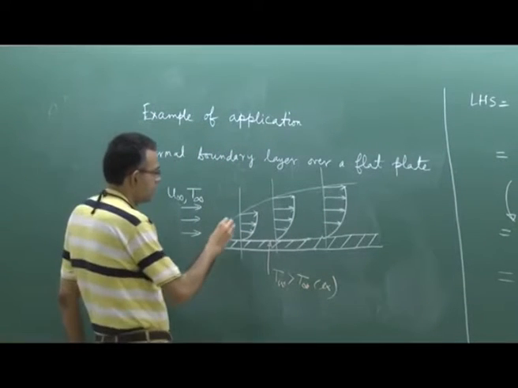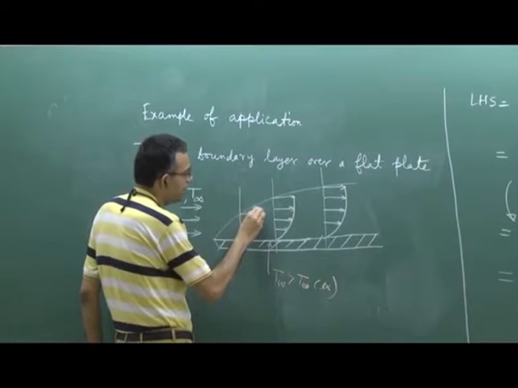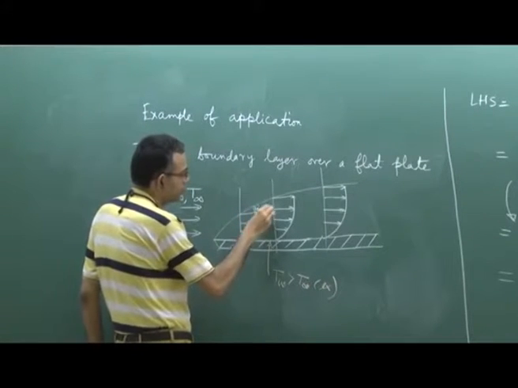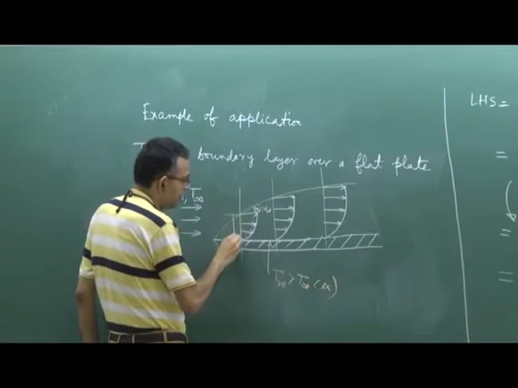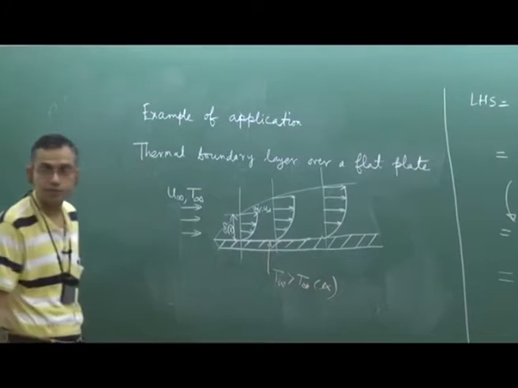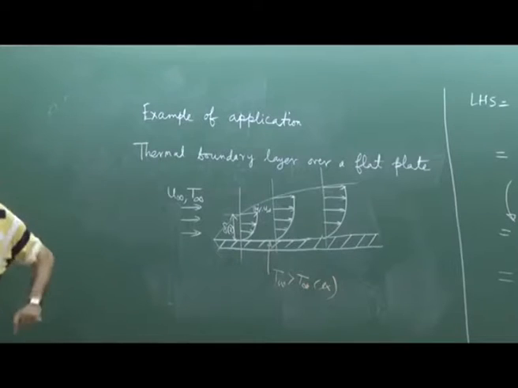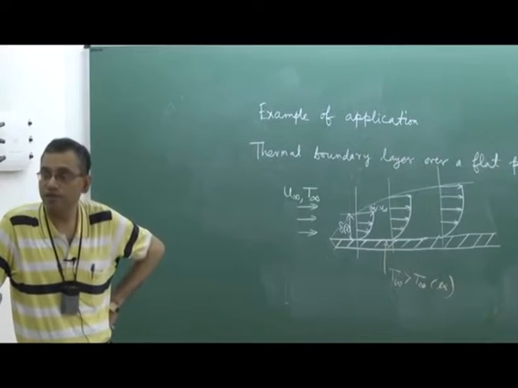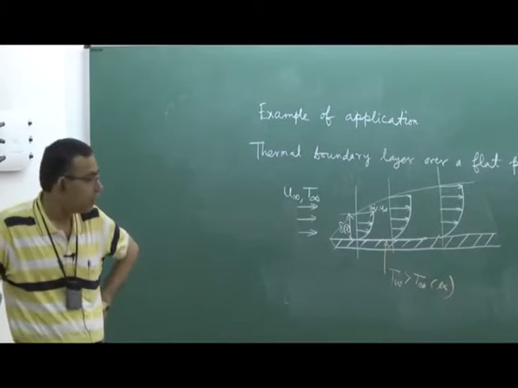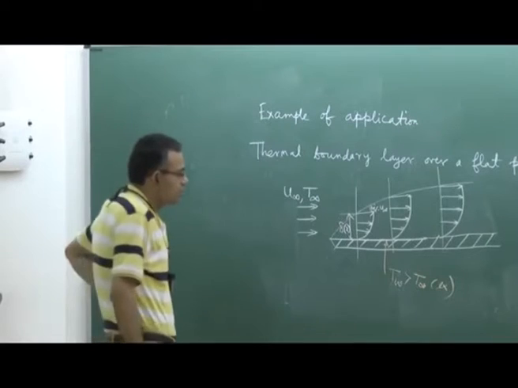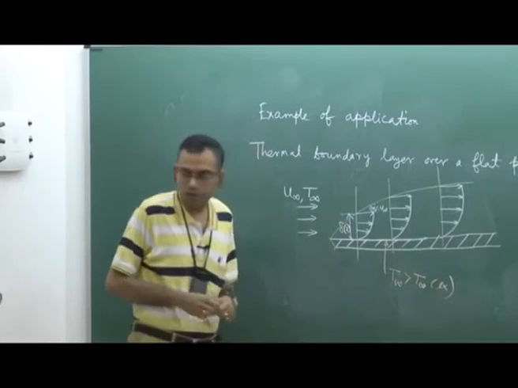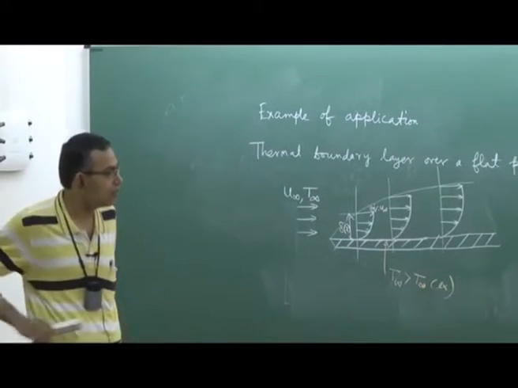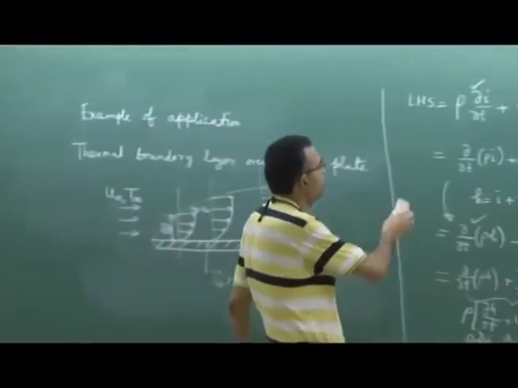So, this is like 99% of u infinity and this thickness is delta, which is a function of x. This much we have understood while discussing the hydrodynamic boundary layer. Now, what about the heat transfer? Let us try to draw a separate sketch for discussing what happens for the heat transfer.